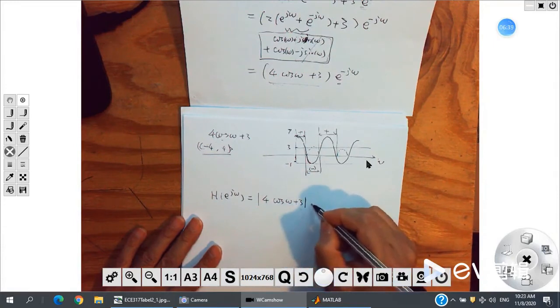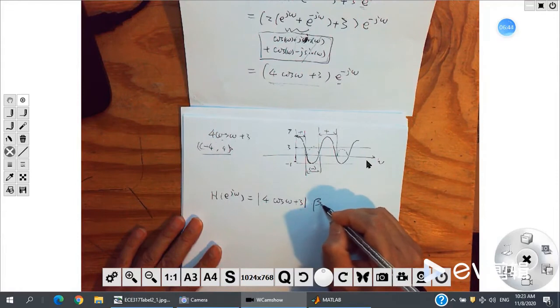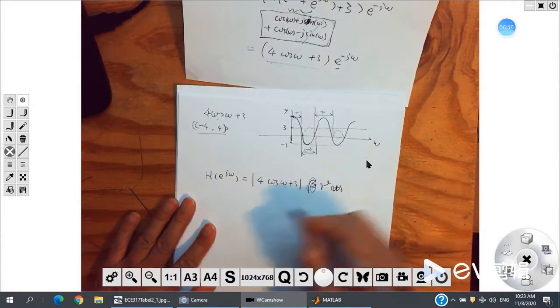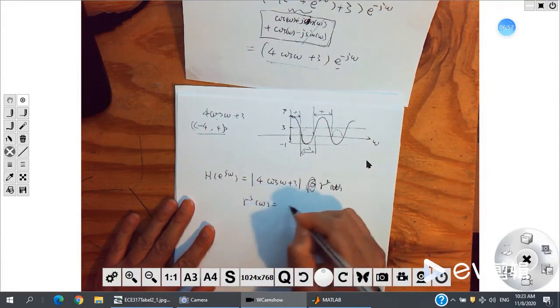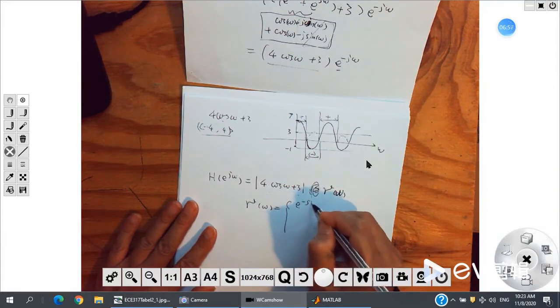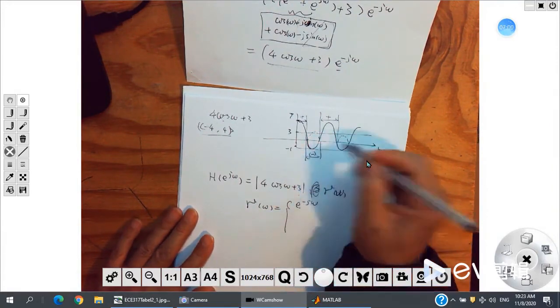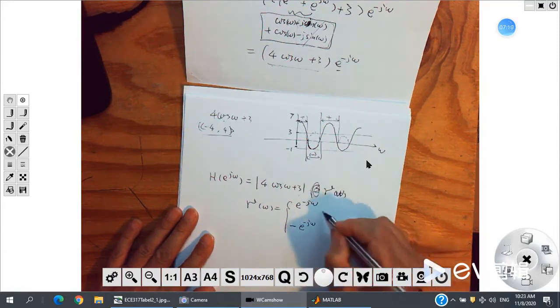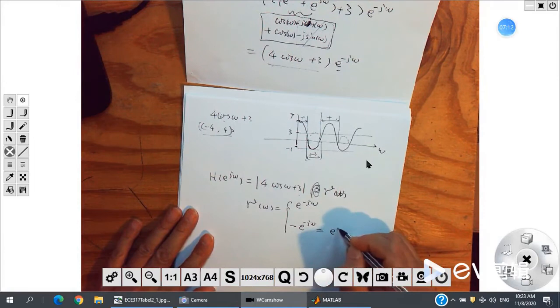And here we have two cases for the phase, gamma of ω, which equals two cases. One case is just e^(-jω). And when ω is located in the interval where it is negative, it will be negative e^(-jω). I write it in two parts, and this is e^(-j(ω plus π)).